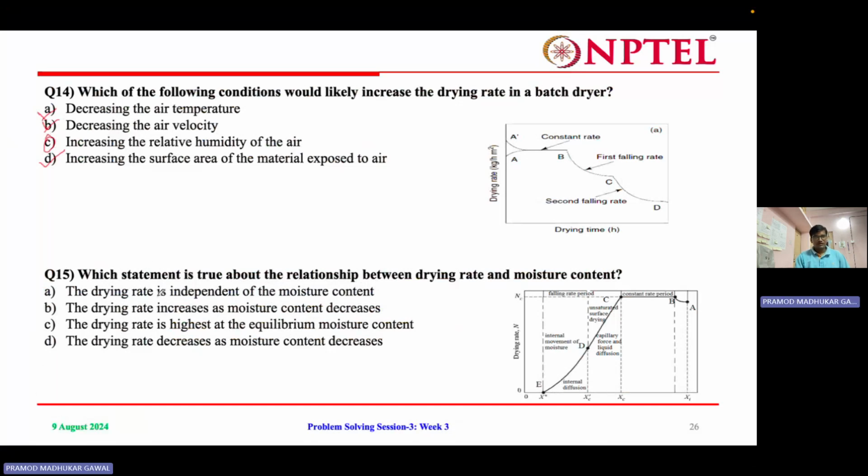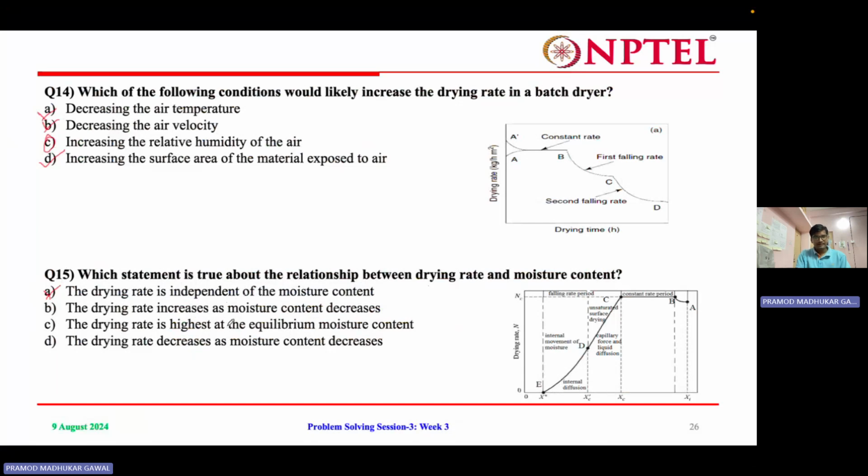Question 15. Which statement is true about the relationship between the drying rate and the moisture content? Option given: the drying rate is independent of the moisture content, not dependent.